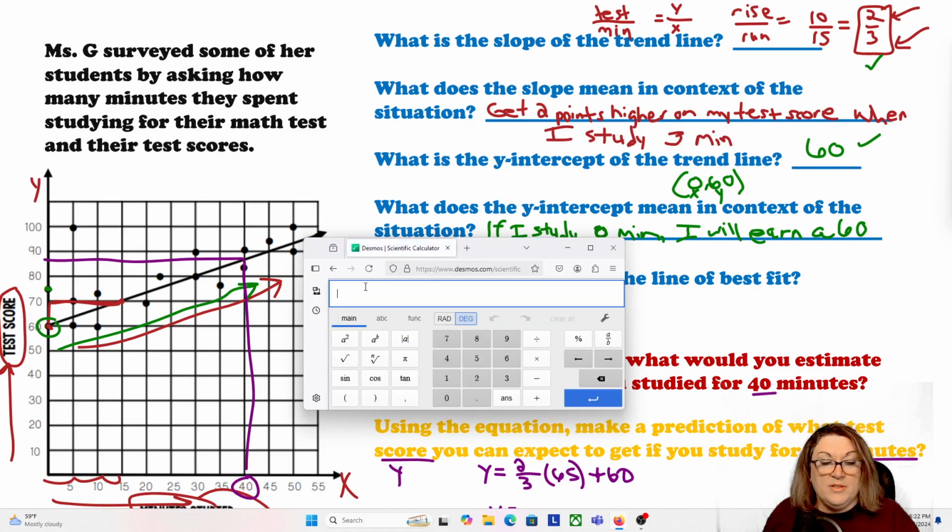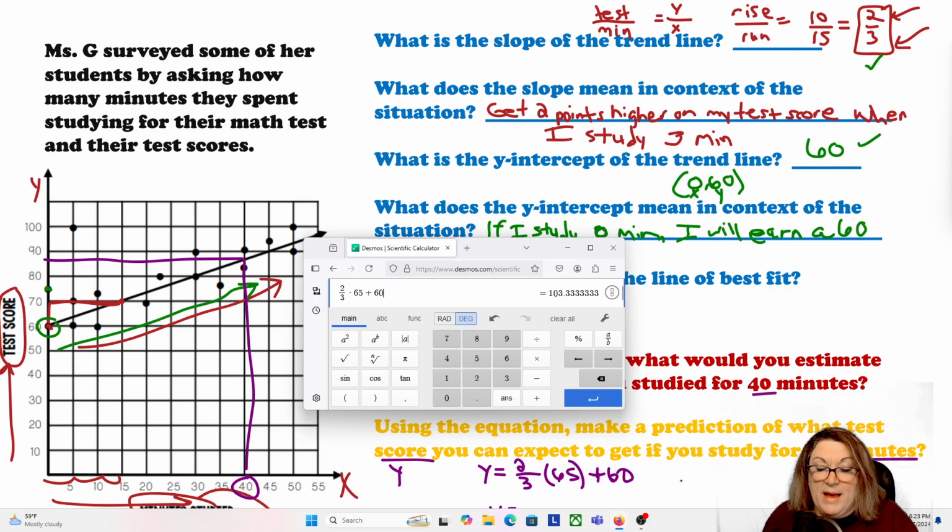All right, Desmos calculator. I'm going to do 2/3 times 65 plus 60. And that is going to give me 103.3.